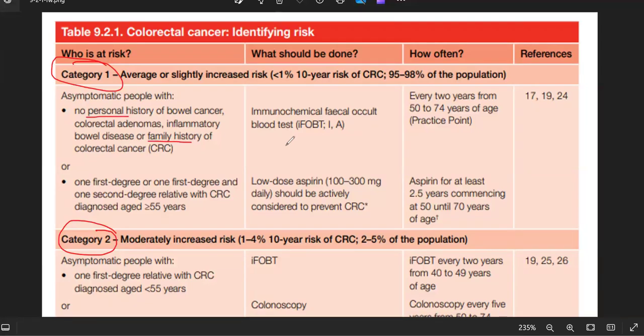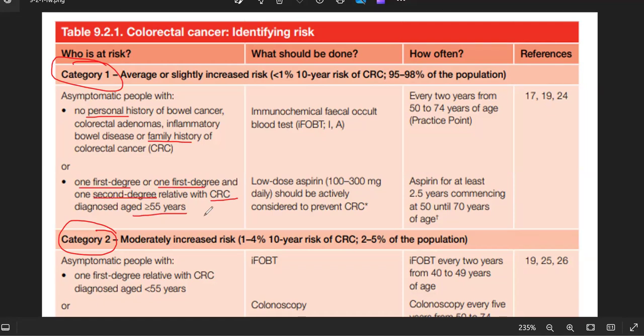So no personal or family history of colon cancer after the age of 50. This low risk also includes 1 first degree or 1 first degree, 1 second degree relative who was diagnosed with colon cancer after 55. So who is first degree and who is second degree?